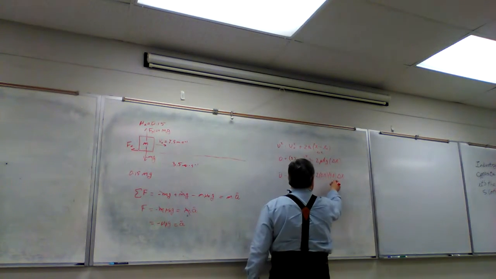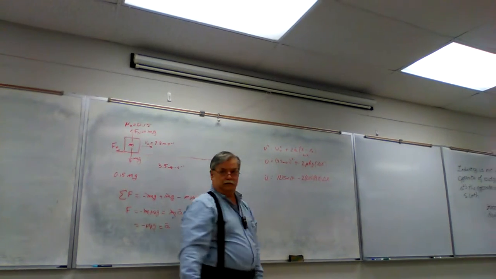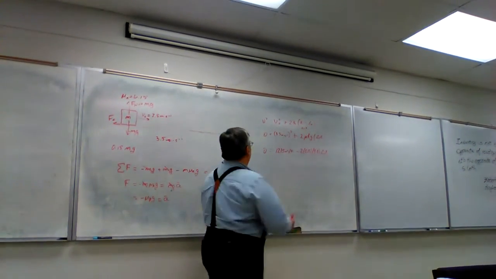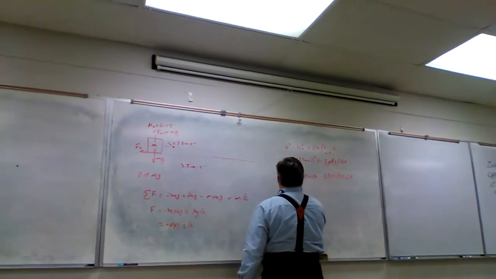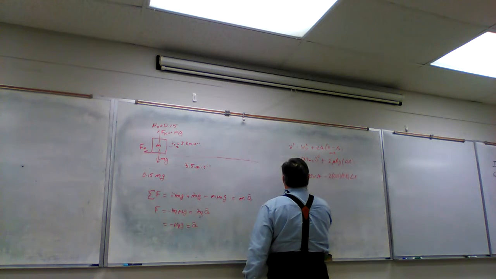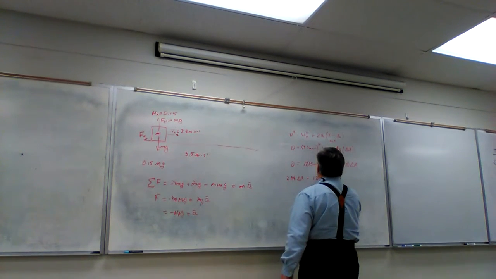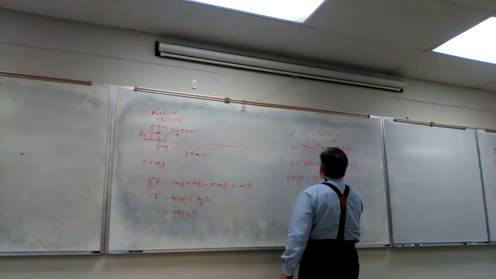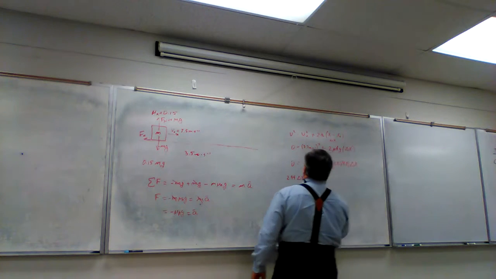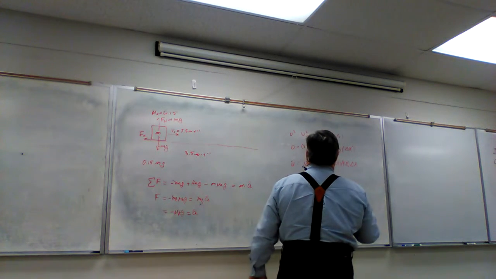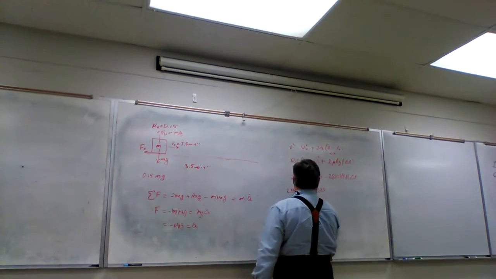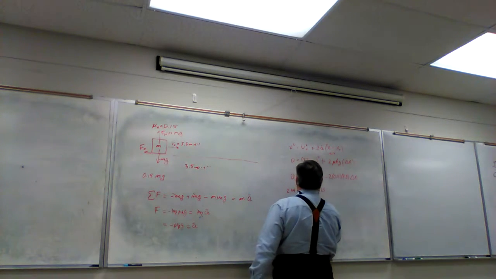What's 2 times 0.15 times 9.8? 2.94. Add 2.94 times delta x to both sides, and that gives us 12.25. Divide both sides by 2.94. What do we get?